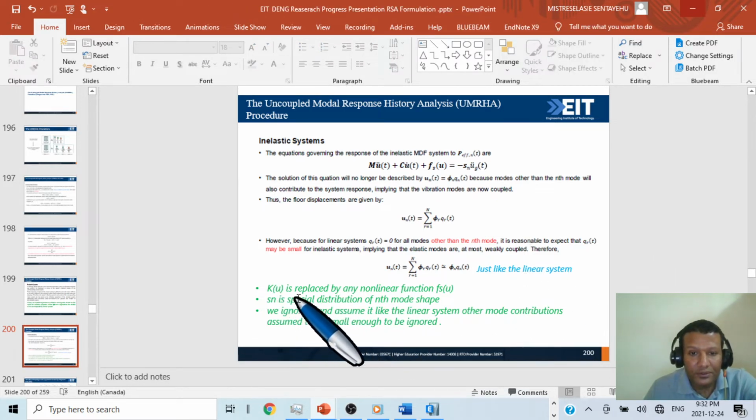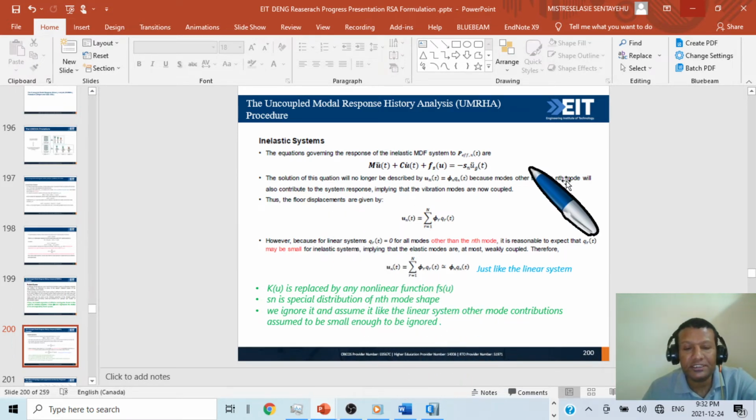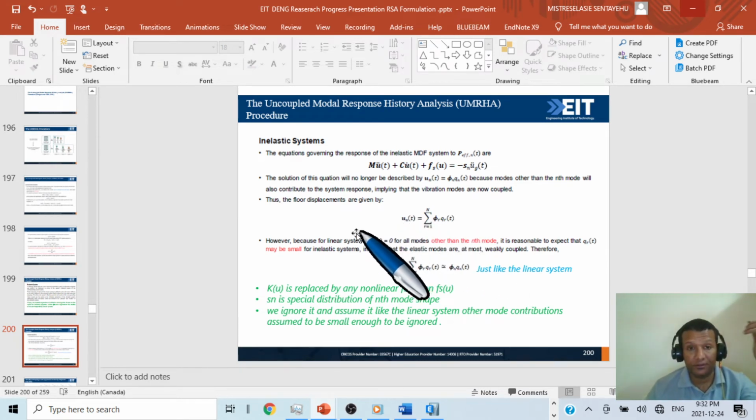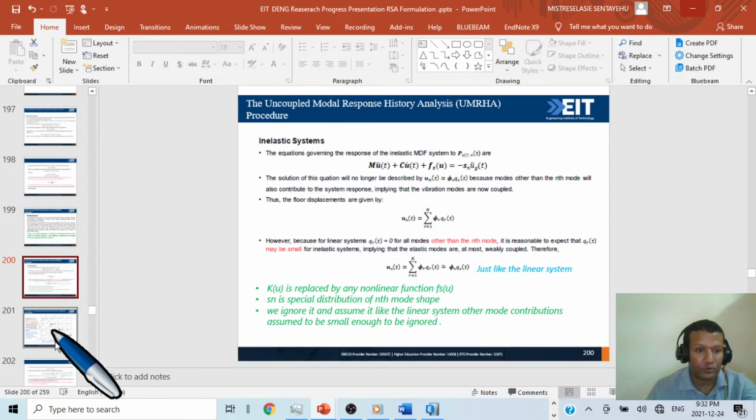So the linear force is replaced by the nonlinear function fsn. Sn is the spatial distribution of the nth mode shape. We ignore the other modes and assume it like the linear system. Other mode contribution is assumed to be small enough to be ignored. So this is the underlying idea which Chopra and Goel assumed for the UMRHA procedure.